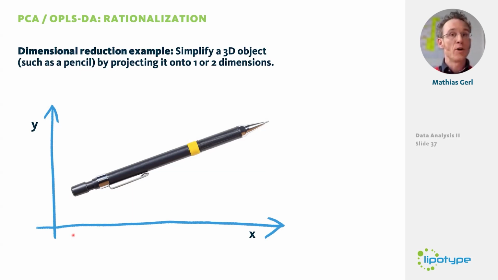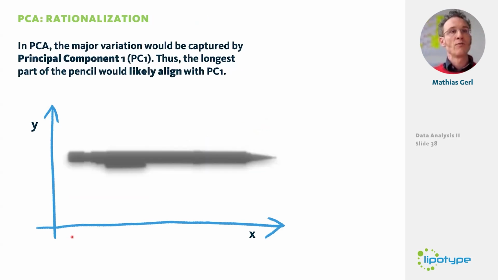But there are multiple ways you can do this shadow casting. And if you look at a principal component analysis, which is an unsupervised method, it would just go and say, what is the highest variation in your data? And put this variation, so the longest shadow, along the first principal component. And then look for the second perpendicular component with the highest variation, and put that in the next.